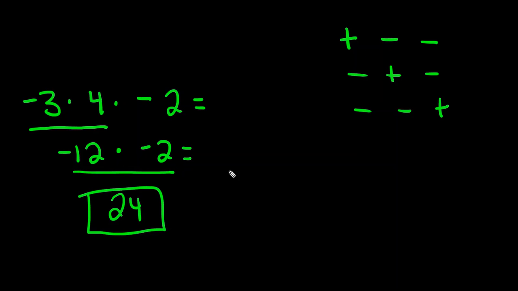So you need to use your tic-tac-toe board for every pair of numbers that you come across, because it works with two numbers at a time. Let's try one more. Let's try a +5 times a -2 times a -3.